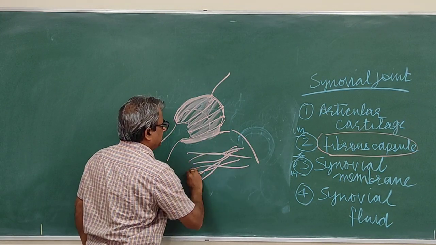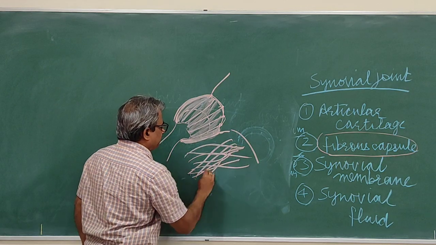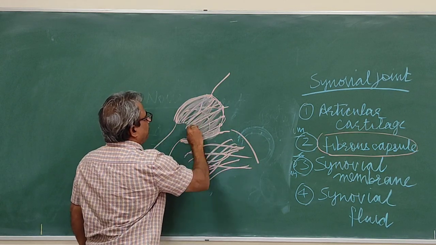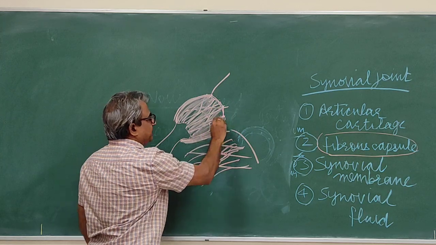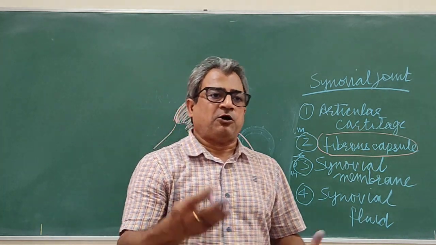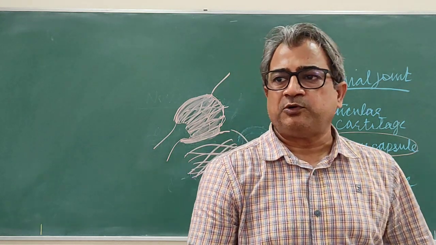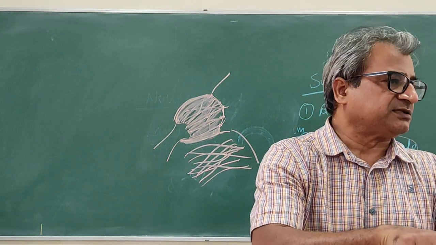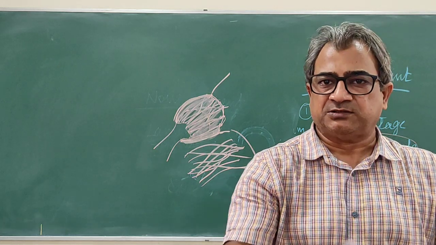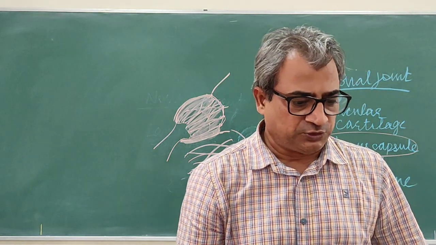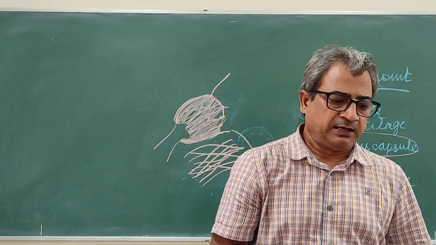They are forming a mesh. Though they are running in the same direction, due to this overlapping, mesh-like network, it provides strength to the fibrous capsule. So you can say the fibers run longitudinally from one bone to the other, but they are crossing each other, having cross striation of the fibers to provide strength to the fibrous capsule.